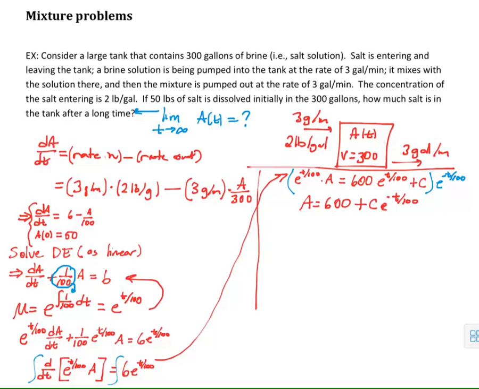Now, technically, I can actually answer my question already, but I'm going to still finish the initial value problem for the sake of completion. How do we find the C? Okay, so use the initial condition, which is A of 0 equals 50. So 50 equals 600 plus C e to the 0.